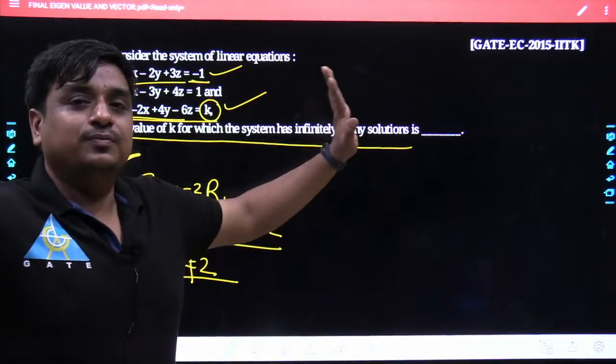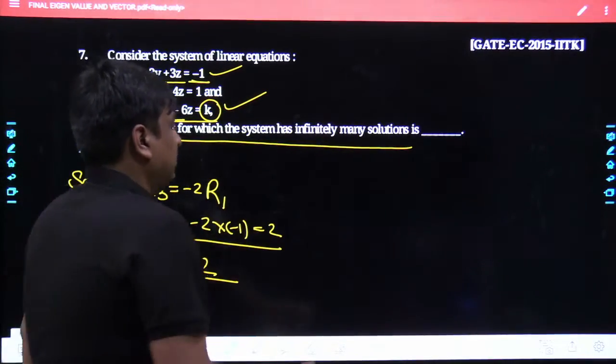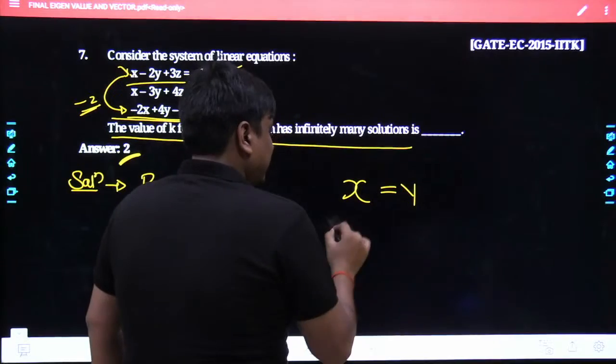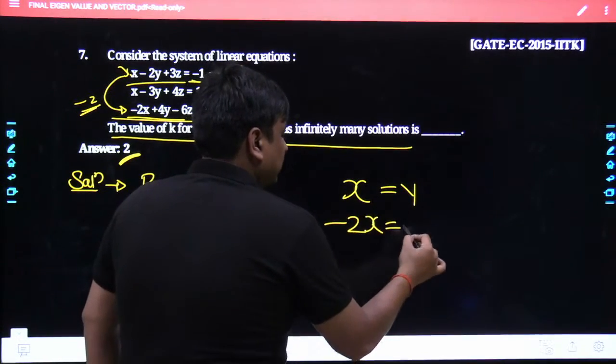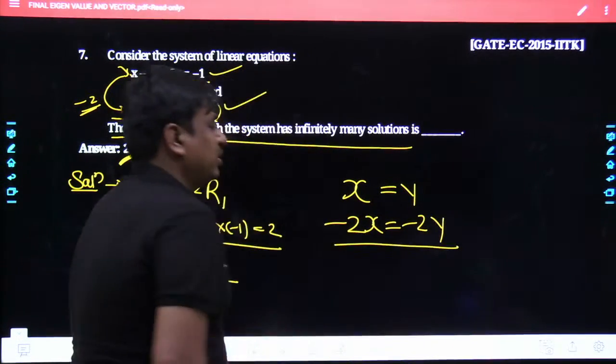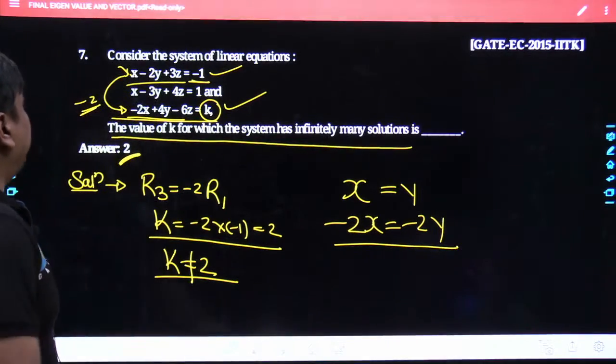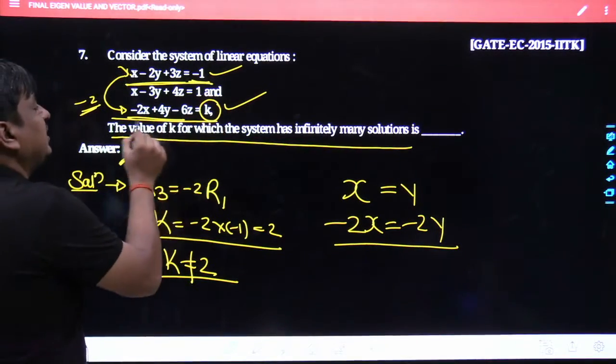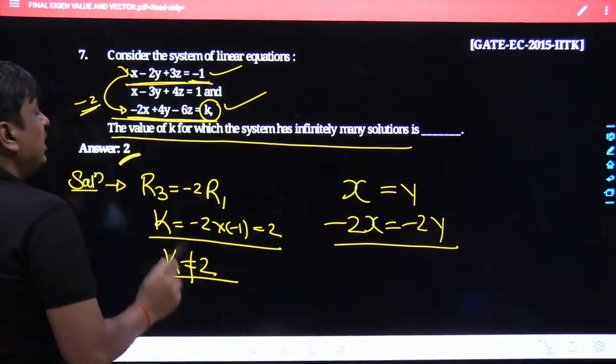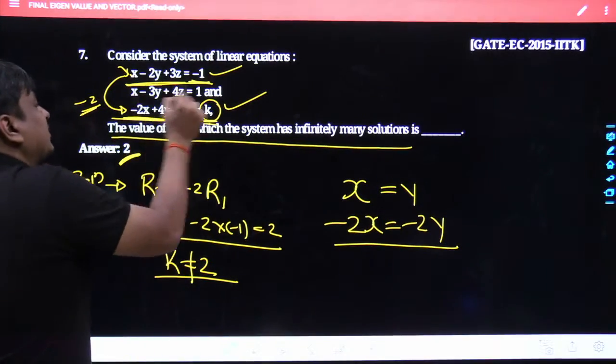Could you understand? See, if you are saying x equals y, then in future you would say that -2x would also equal -2y. If the first equation is true, the second can't be true if k is not equal to 2, and similarly if the third is true, the first cannot be true.